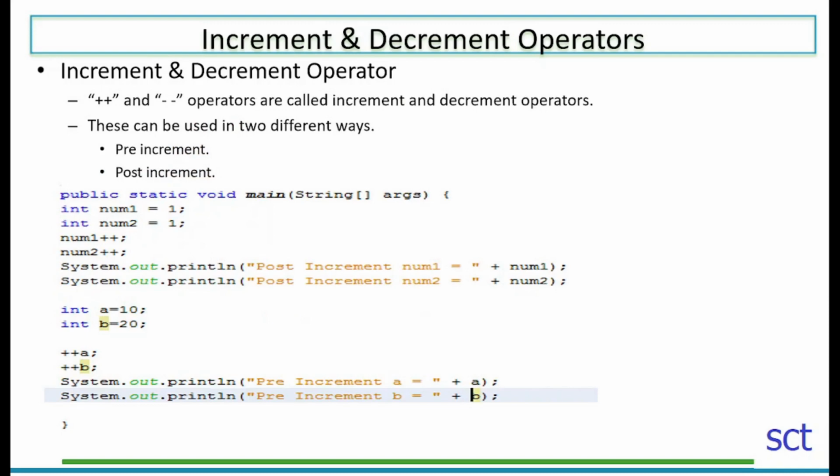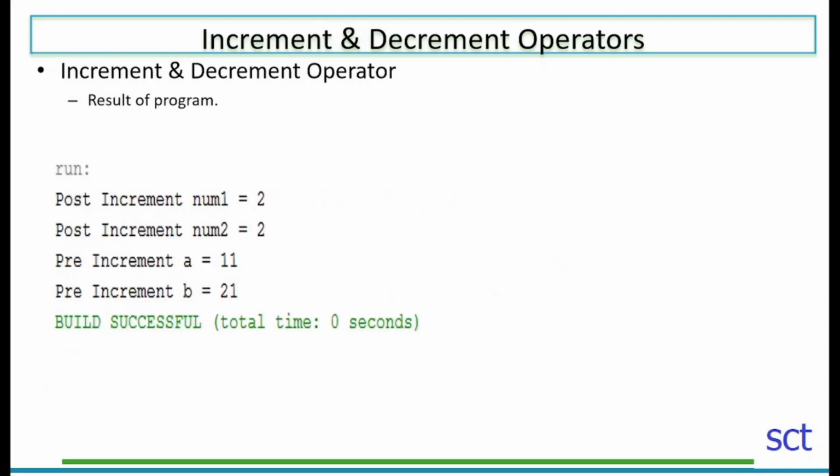What is going to happen when I say integer A is equal to 10 and integer B is equal to 20? Two different values are there, plus plus A and plus plus B. It is going to add 1 to 10 and 1 to 20 and display.